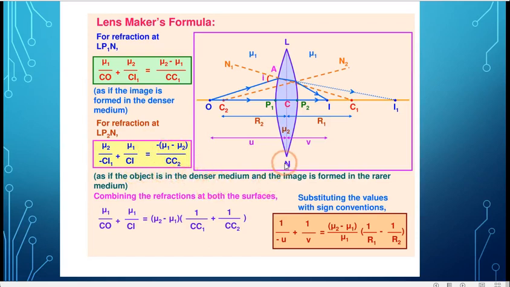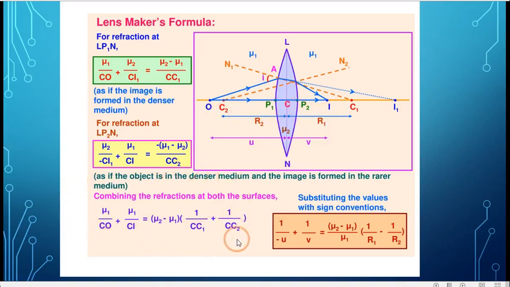Now comparing the refractions at both surfaces, we can write mu1 upon CO plus mu1 upon CI is equal to mu2 minus mu1 into bracket 1 upon CC1 plus 1 upon CC2. Now you can see CO is U, CI is V, CC1 is R1, CC2 is R2.